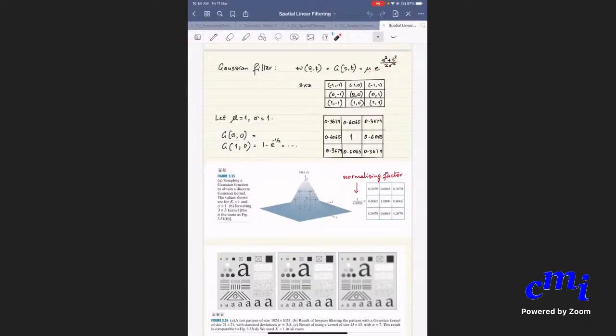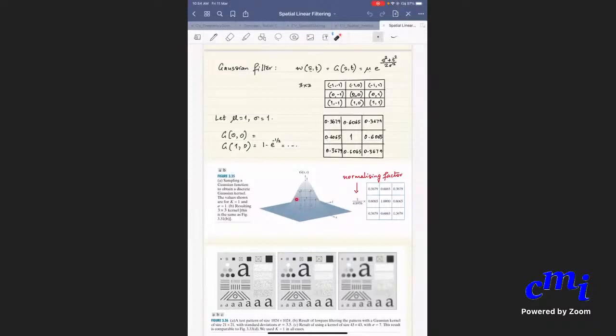But what is being done when you look at just a 3 by 3 Gaussian filter is that at the center, we are sampling this surface with this kind of box, this box in the XY plane.